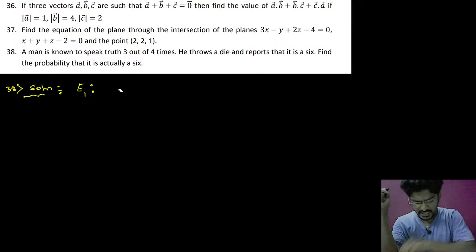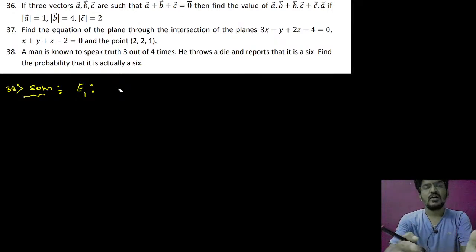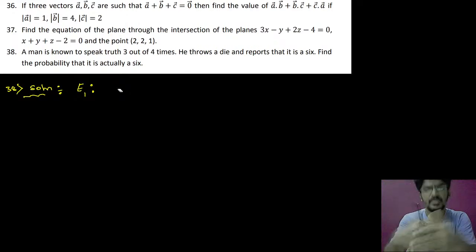Before going to the events, first understand the problem. There is one person, or take one student, who speaks the truth 3 out of 4 times. Now what he does, he rolls the die, and he reports that it is 6.